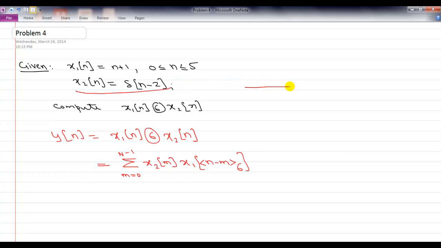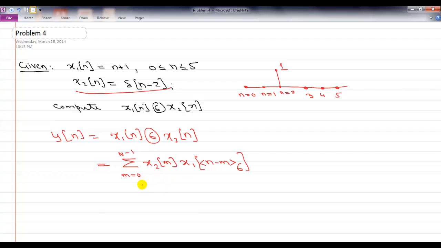I am treating x2[n] as a length 6 sequence. So at n equal to 0 it is 0, n equal to 1 it is 0, at n equal to 2 it is 1, and then it is 0 at 3, 4, and 5.